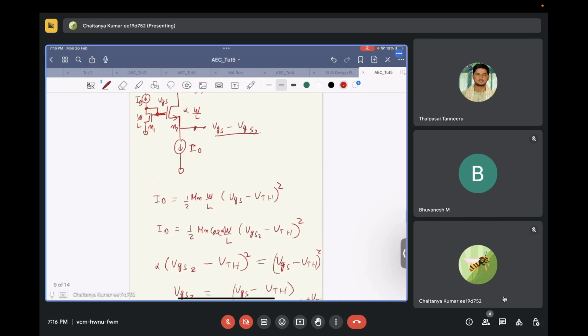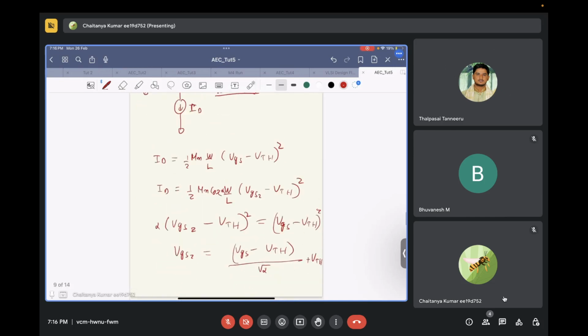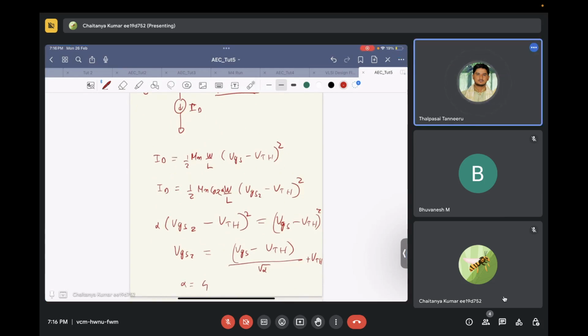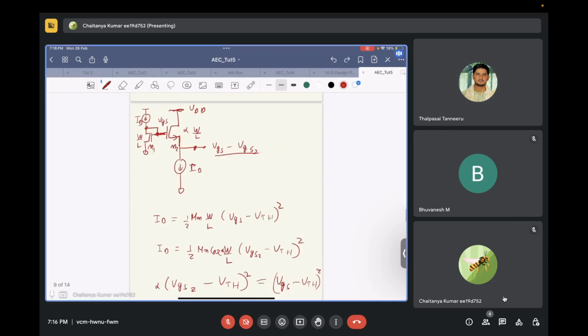Now let's say alpha is equal to 4. Okay, we will put the value of alpha later. So what is this voltage now?